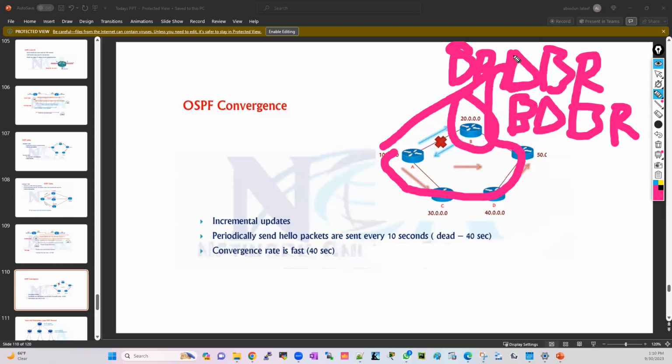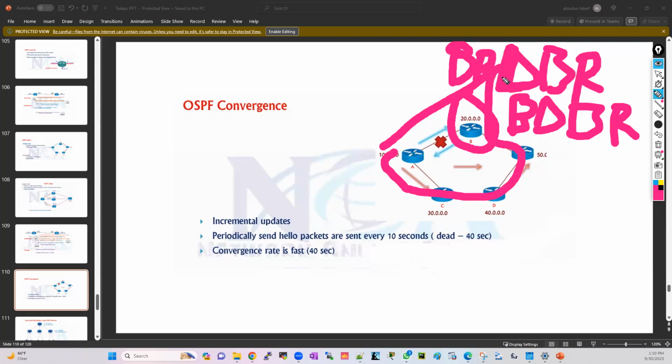But why the designated router comes in handy is this: in case there is a change, it's the one that will first know and update the others. Because if every router in the area keeps updating each other, there will be too much overhead. So the designated border router will be the one that has all the information in case there is a change in the area or in the network.